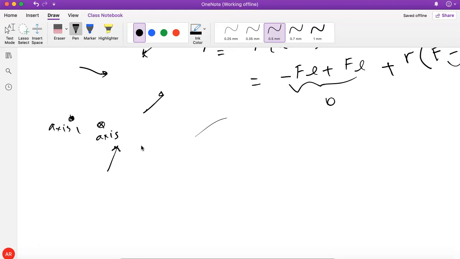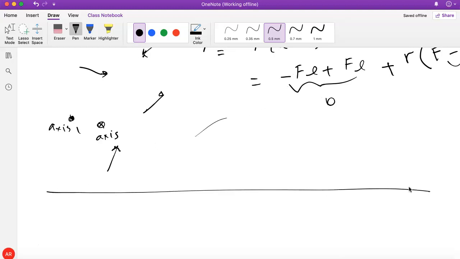All right. So therefore, the lesson is that to analyze the static equilibrium, we have this freedom. When we write the equation that the net torque is 0, we have complete freedom to choose whatever axis we want.